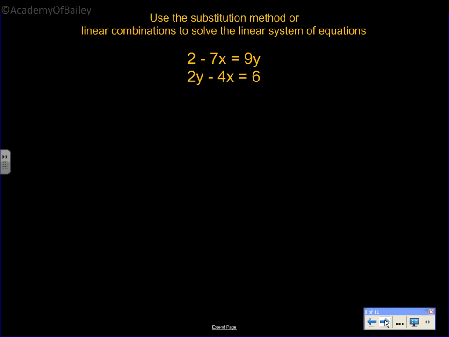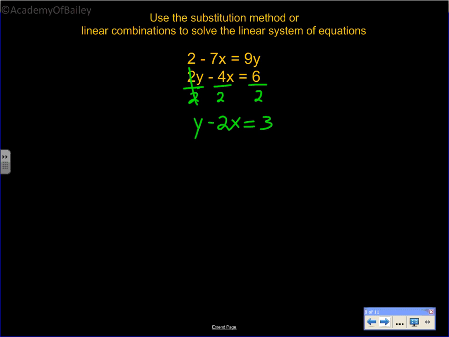The way that I'm going to suggest is we're going to use substitution here. And how are we going to use substitution? Right here. You see this is 2y, this is negative 4x, and this is 6. I'm dividing the left side by 2, so I can divide the right side by 2 also. So I'm left with y, and negative 4 divided by 2 is negative 2x, and 6 divided by 2 is 3.